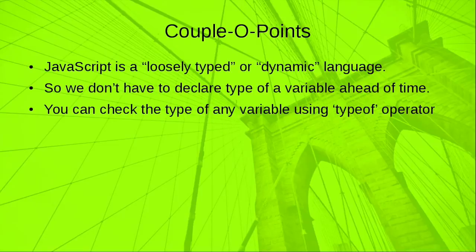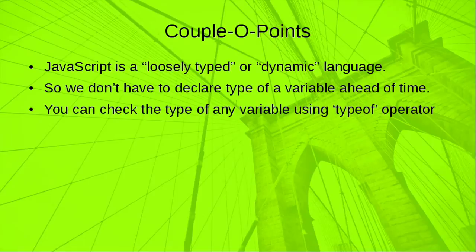Before we get started with the data types, let's look at these three important points. First one is that JavaScript is a loosely typed or dynamic language. What it means is that you don't have to define a type of variable before using it.